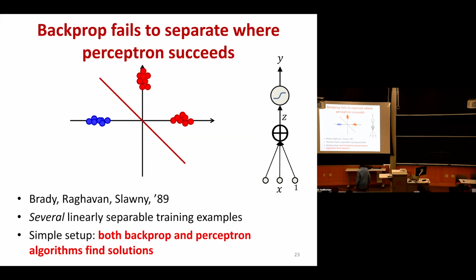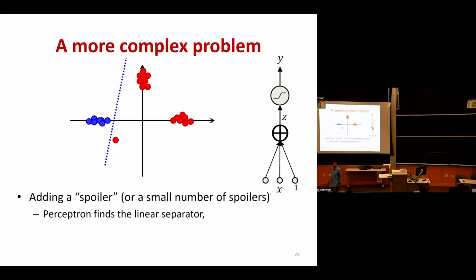But then, suppose I add just one spoiler here, a red dot just to the bottom right. Now the classes are still linearly separable, right? And would the perceptron rule find a decision boundary in this case? Yes. It's probably going to find something like the dotted line.